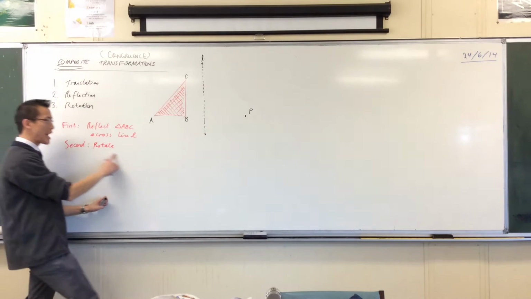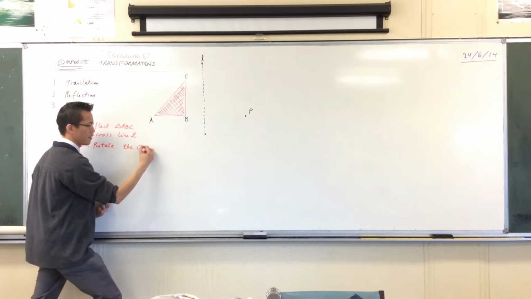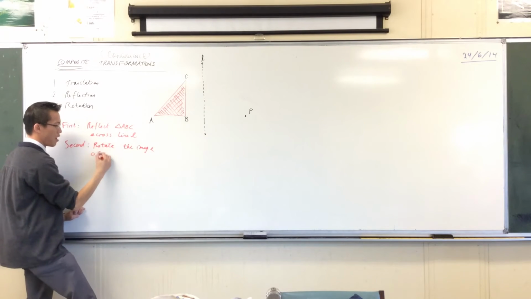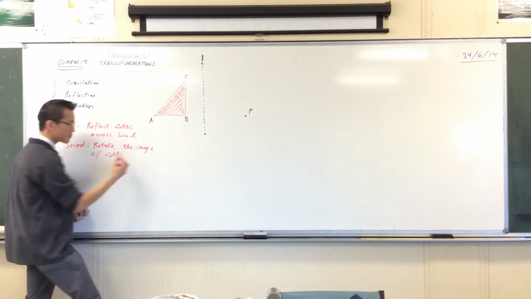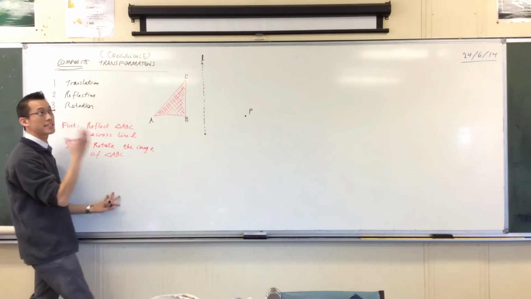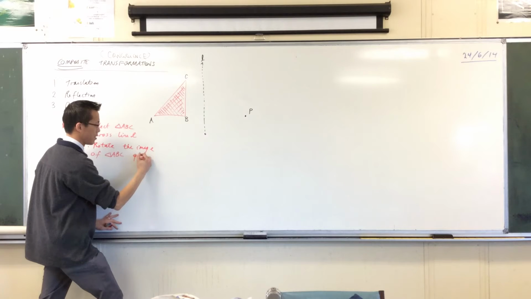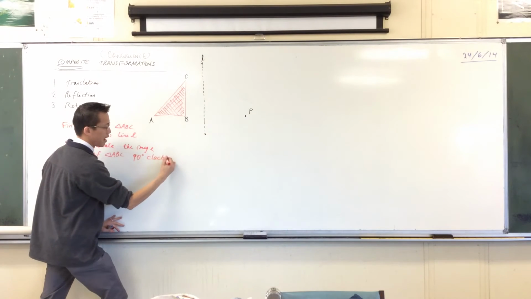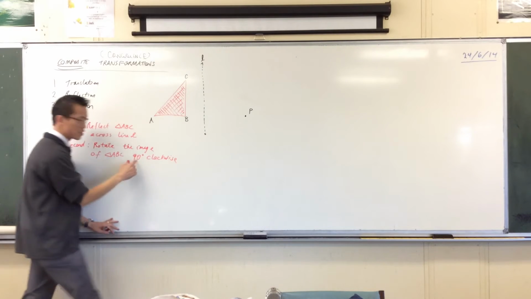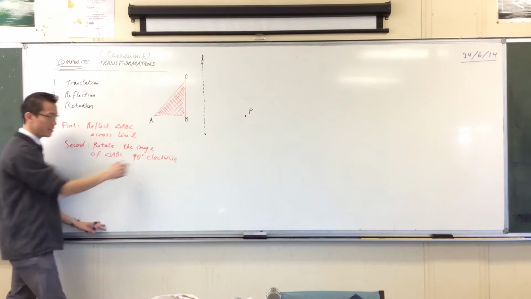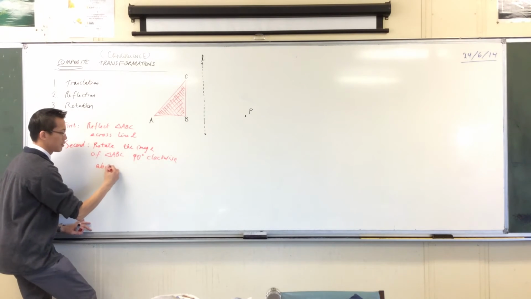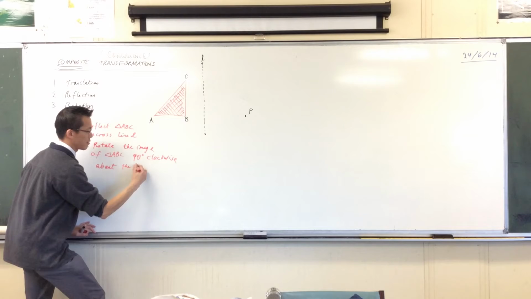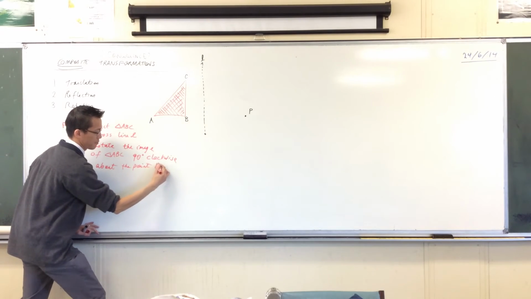So what we're going to do is rotate the image of the triangle. Let's go 90 degrees clockwise, so you can see there's two pieces, an angle and a direction, about the point P. You have to use a ruler to draw the triangles though.